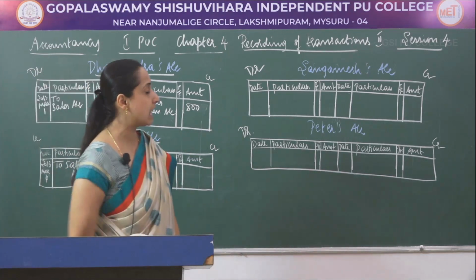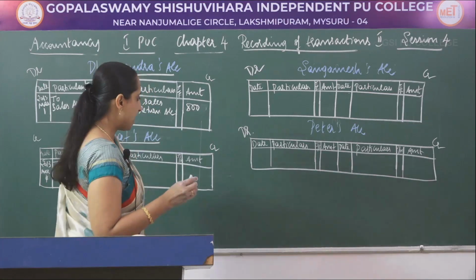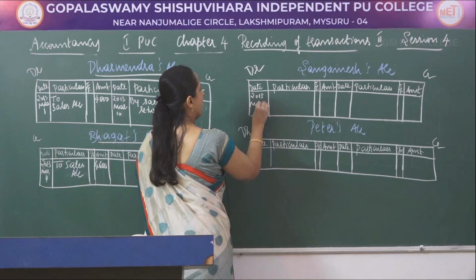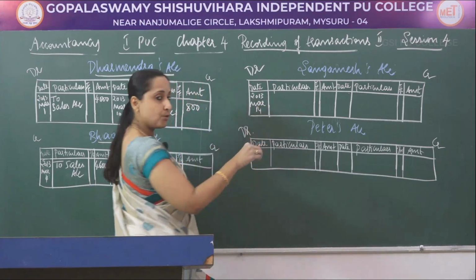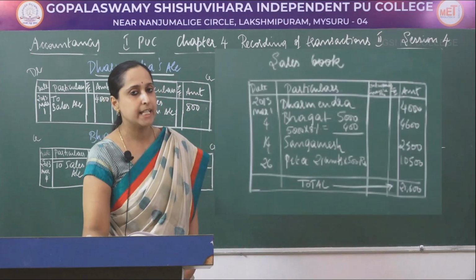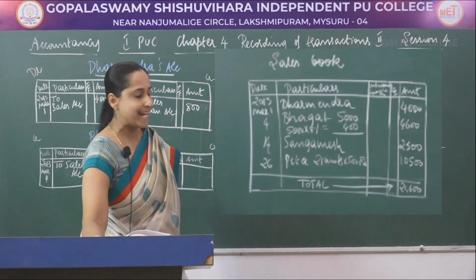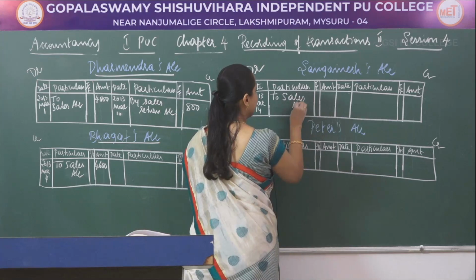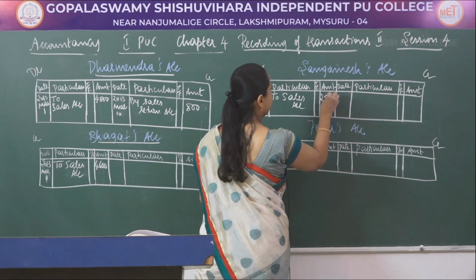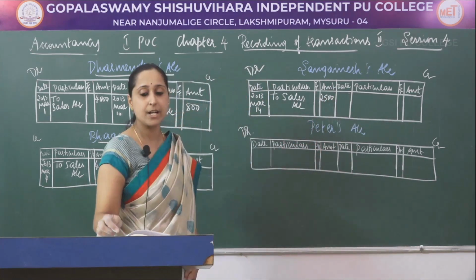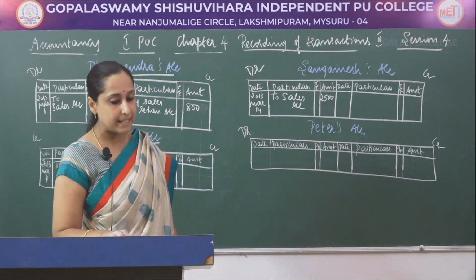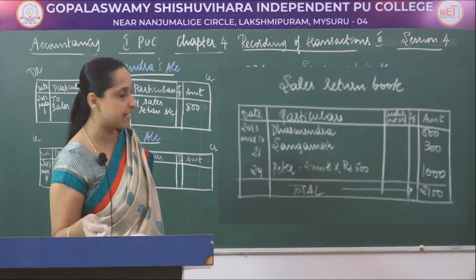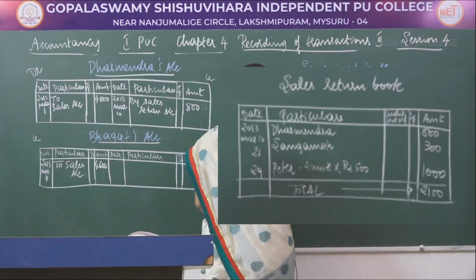Now let's see Sangamesh's account. On March 14th 2013, we had sold goods to Sangamesh. What is the journal entry? Sangamesh's account debit to sales account. So to sales account, worth rupees 2,500. There is also a transaction related to sales return on March 21st.